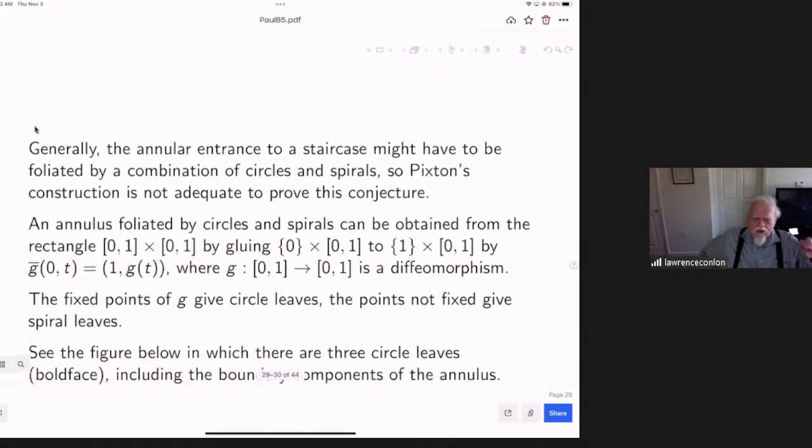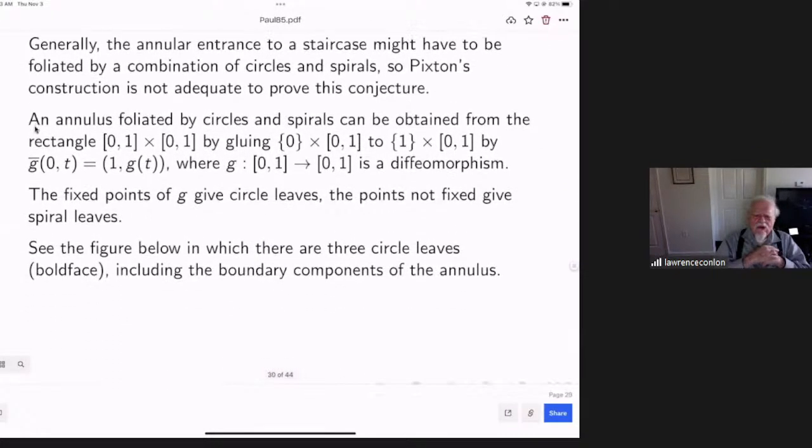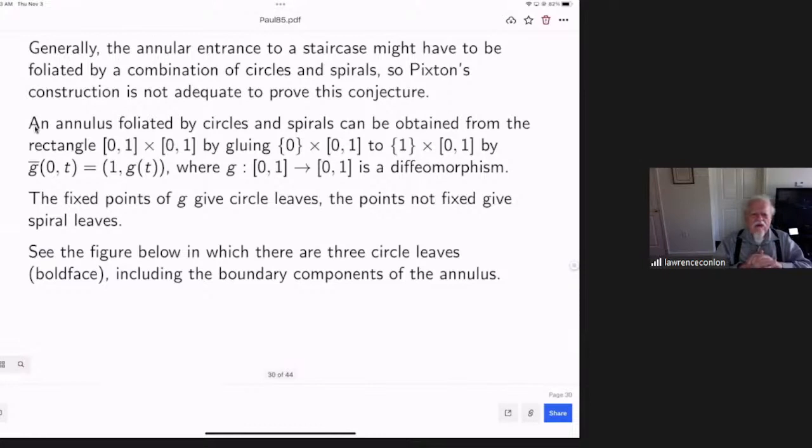However, it doesn't follow from Pixton's construction, because generally the annular entrance to the staircase might have to be foliated by a combination of circles and spirals, and Pixton's construction does not work here.